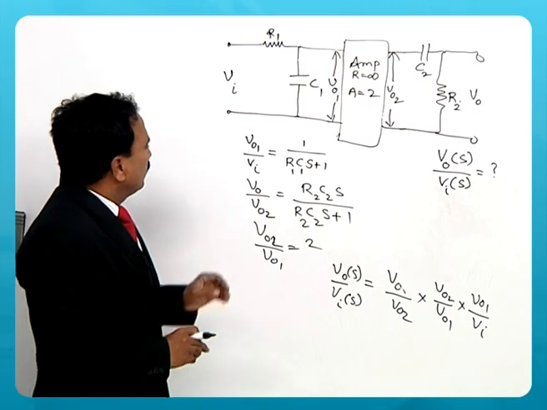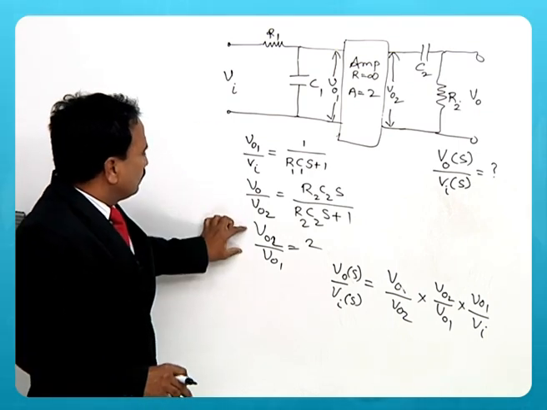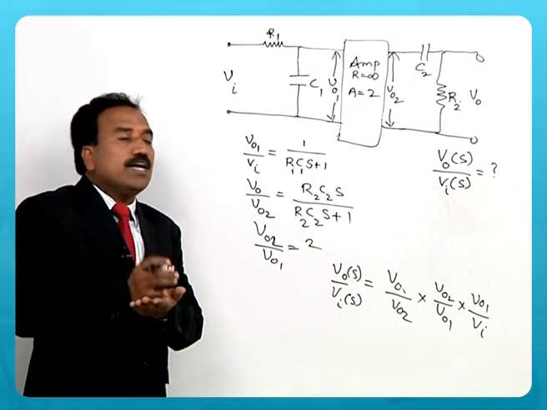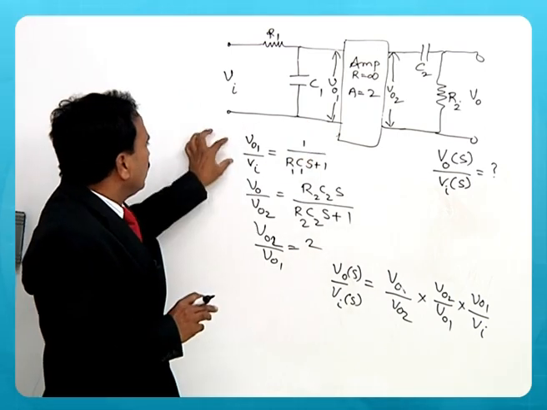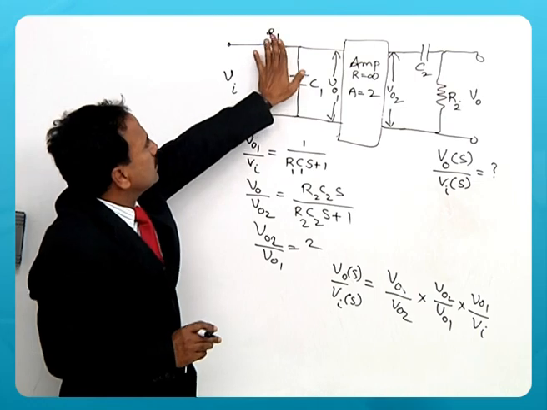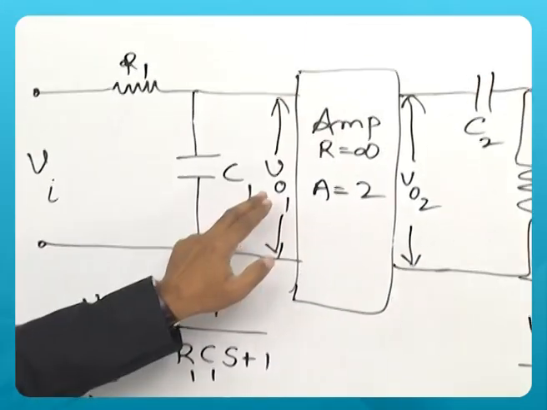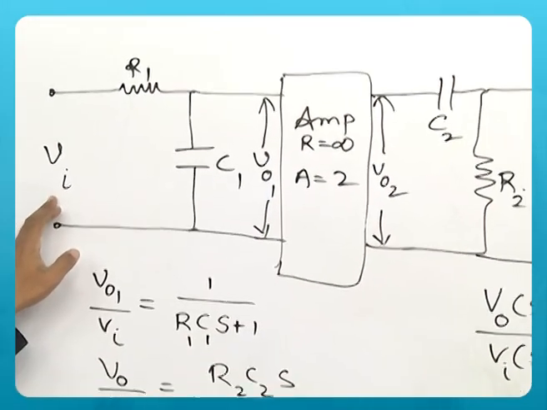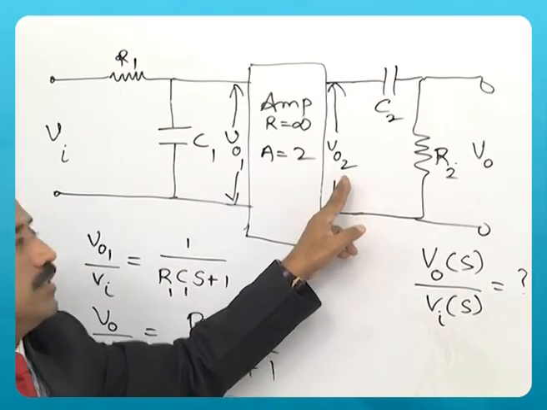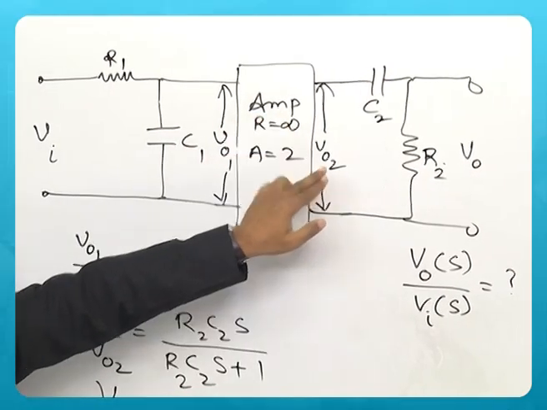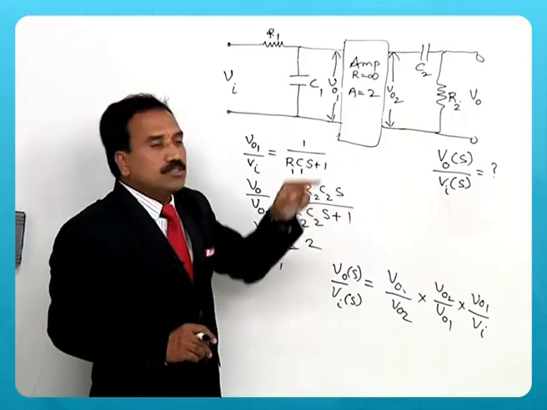That means 3 ratios, I have subdivided this entire lengthy circuit into 3 ratios. First, for this RC combination, find out the transfer function. Next, for this combination, find out the transfer function. Then V02 by V01 is anyway given as 2.